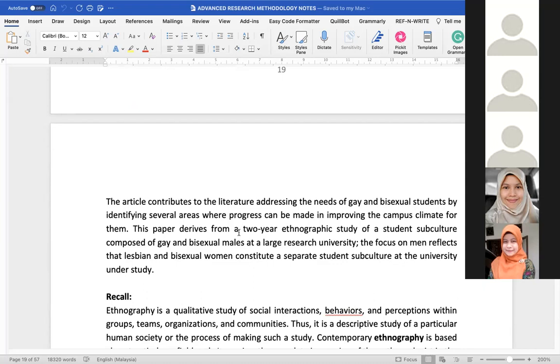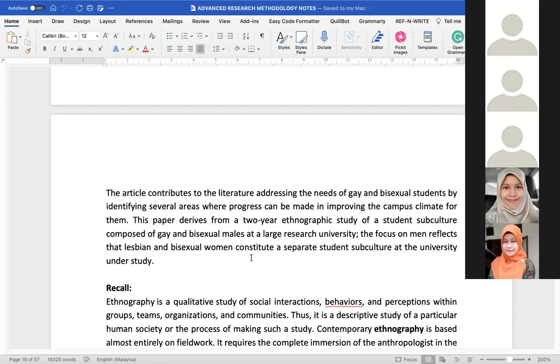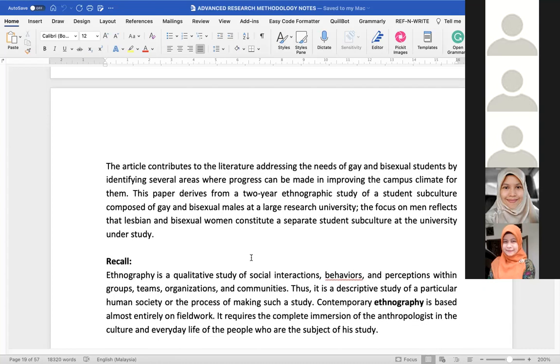The paper derives from a 2-year ethnographic study of a student subculture composed of gay and bisexual males at a larger research university. The focus on men reflects that lesbian and bisexual women constitute a separate student subculture at the university under study.